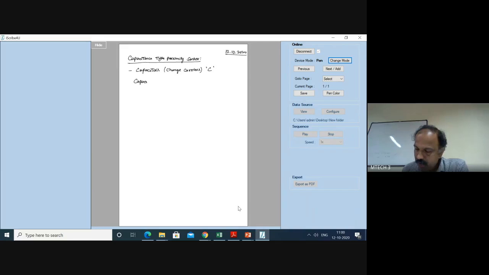What is the basic equation of capacitance?